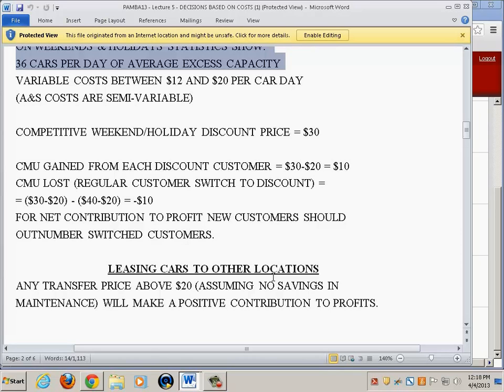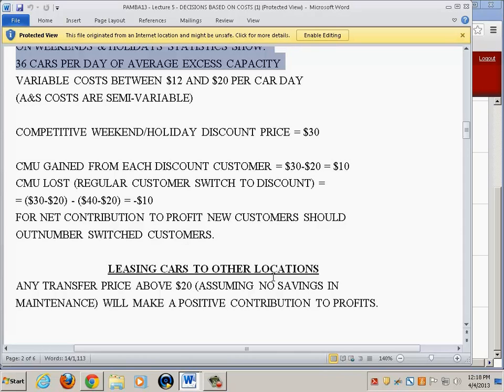That by the discount you're attracting customers that you wouldn't have otherwise. Because if you announce a $30 discount on the weekends and holidays, and you get a customer that otherwise would have anyway needed a car and would rent it at 43, then you're not making money, because you're losing 43 minus 20 to gain 30 minus 20.